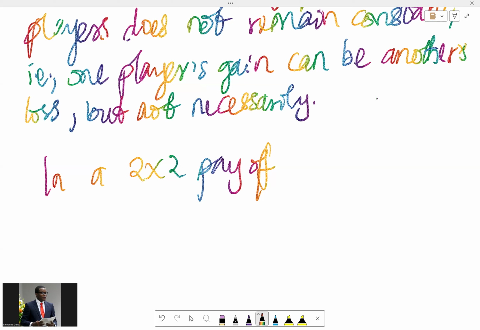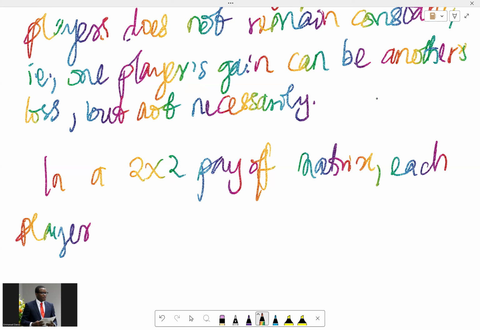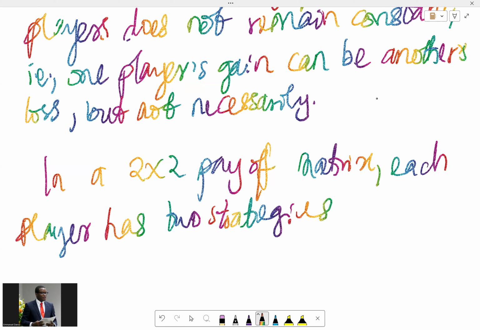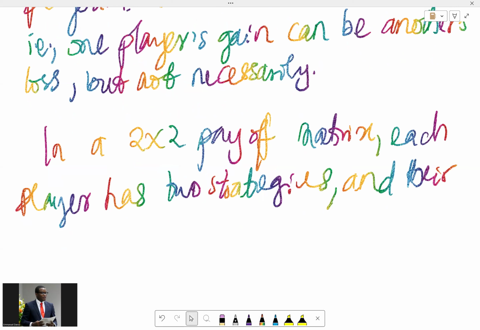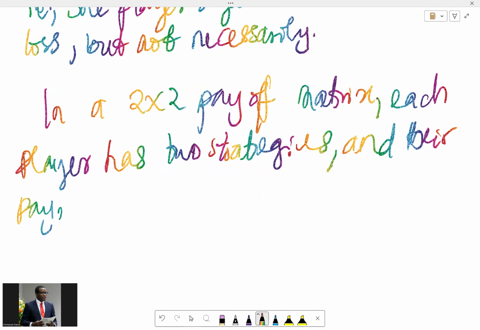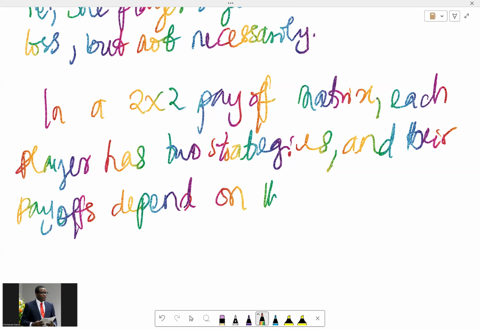So in a 2 by 2 payoff matrix, each player has two strategies, and their payoffs depend on the strategies by both players.